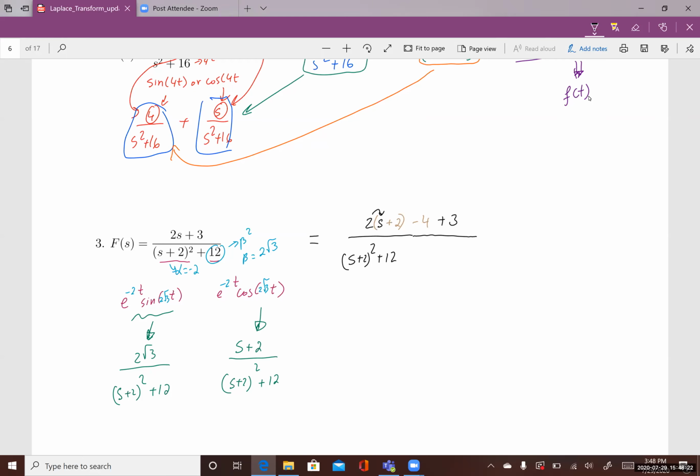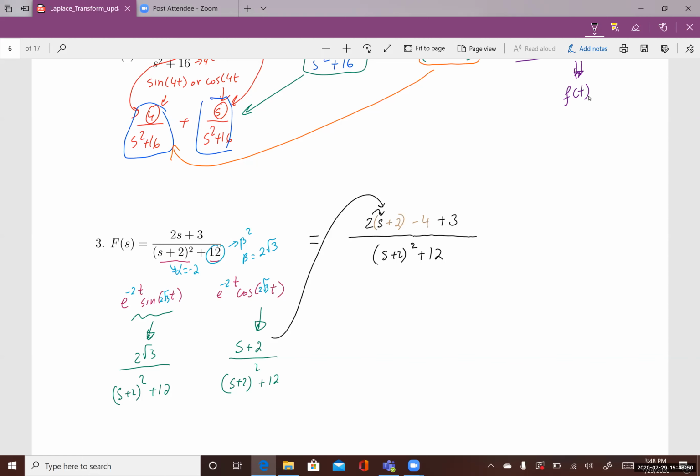Again, I'm not doing anything fancy with it. I'm just playing around, so then I will have the correct form to work with. Does that make sense for you? If you simplify that, it's going to be 2s plus 3, right? But because I'm doing it here, I can have the correct form here. So -4 plus 3 is just -1.